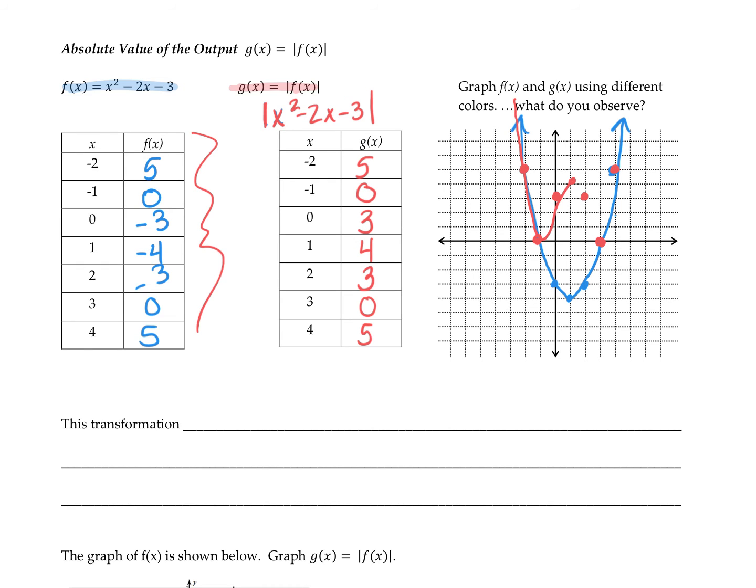So my absolute value transformation would look like this. And actually, it should probably be a little pointier here and here. All right, so what am I noticing? Now instead of reflecting over the y-axis, it's reflecting over the x-axis.